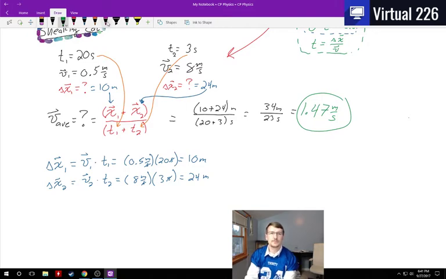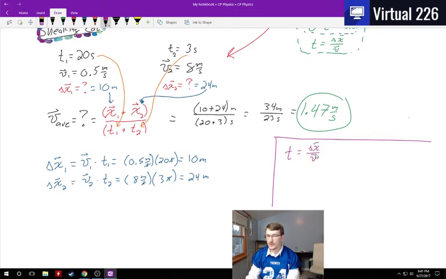Okay? As a little sidebar over here, if you were looking for time, remember time is equal to a displacement divided by a velocity. We can prove that because that's like meters over 1 all over meters per second. Remember, when you're dividing by a fraction, that's the same as multiplying by its reciprocal.